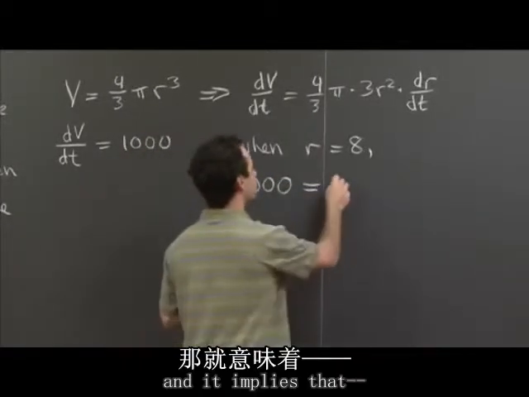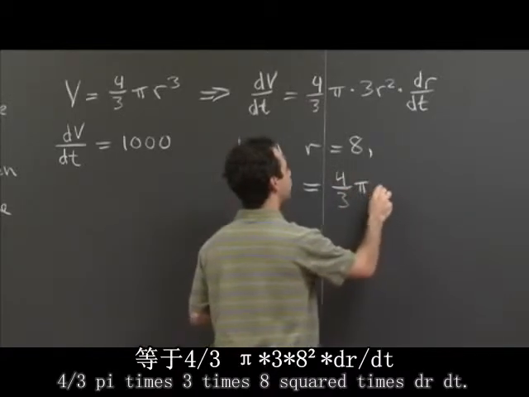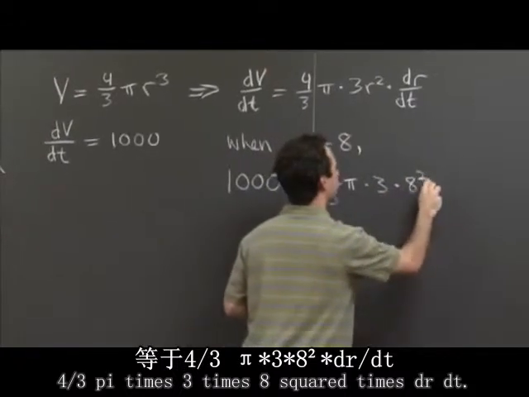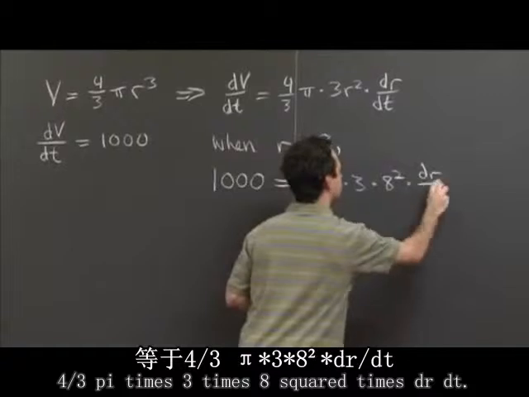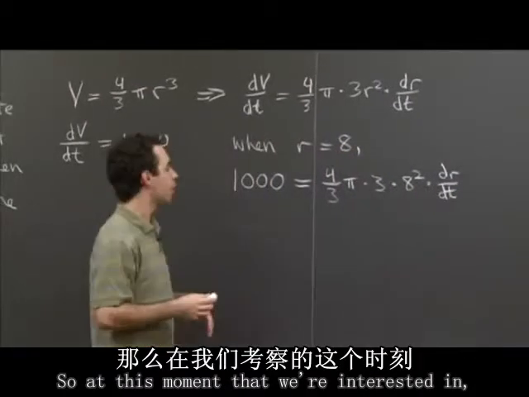So 1,000 is equal to 4/3 pi times 3 times 8 squared times dr/dt.